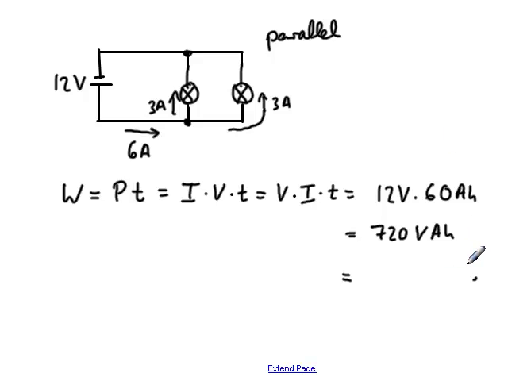So I'm going to take this number here and convert hours to seconds, which is times 3,600, which is 2,600,000 joules, or 2.6 million megajoules.